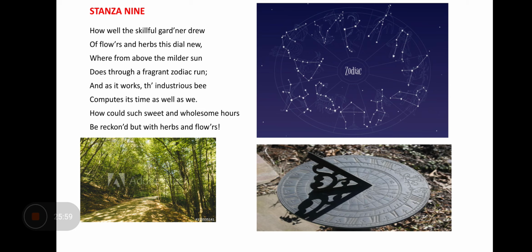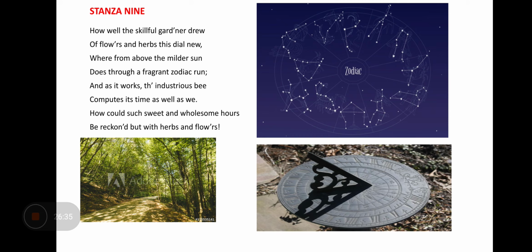The rays of the sun fall on the sundial with a diminished heat after passing through the green leaves, which may be compared to signs of the zodiac, and the hard working bee, while at work, is able to calculate the passing of time as correctly as the human being can by consulting this sundial. After all, how could the passing of such sweet and refreshing hours be calculated in the garden except by means of the sundial formed by plants and flowers?